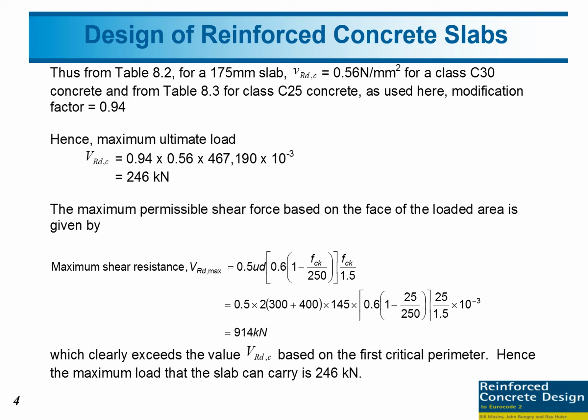From this we have the maximum shear resistance of the slab as 914 kilonewton. Based on these two capacities, we take the minimum value, because the minimum means the strength of the slab is governed by VRdc instead of VRd max. So the maximum load that can be supported by the slab is 246 kilonewton.